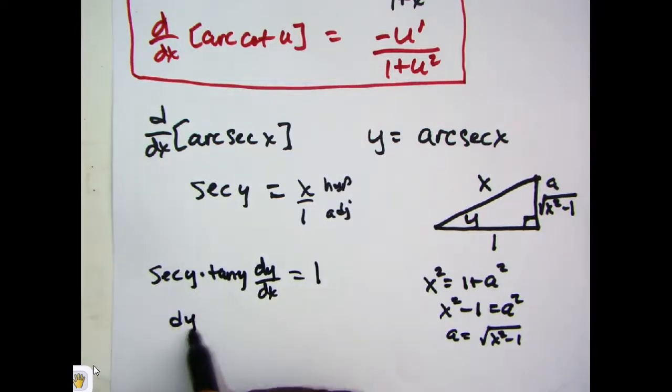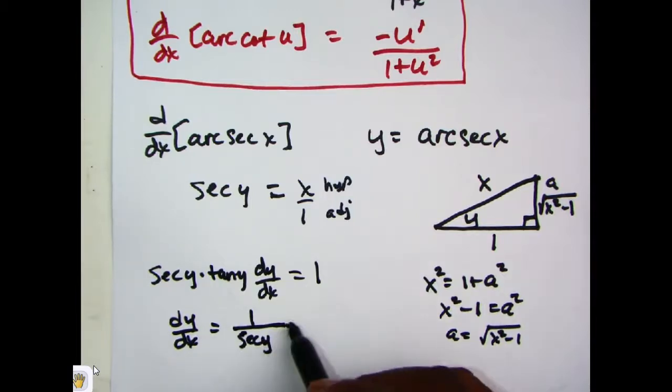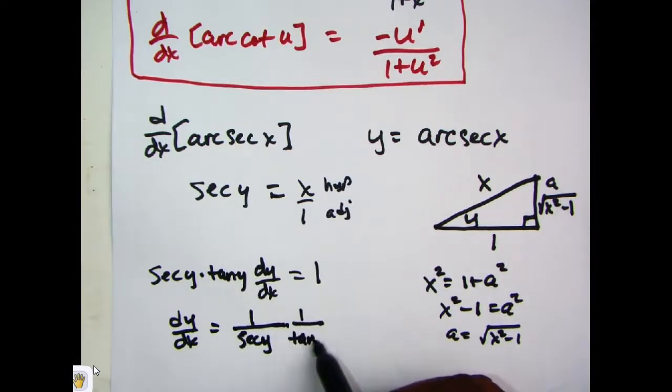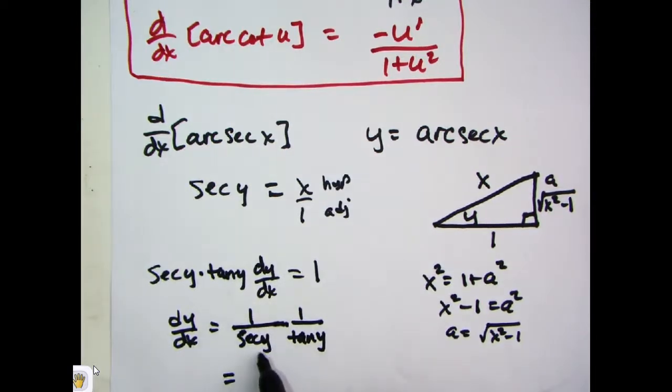So dy dx is 1 divided by secant y times 1 divided by tangent y, which is cosine y times cotangent y.